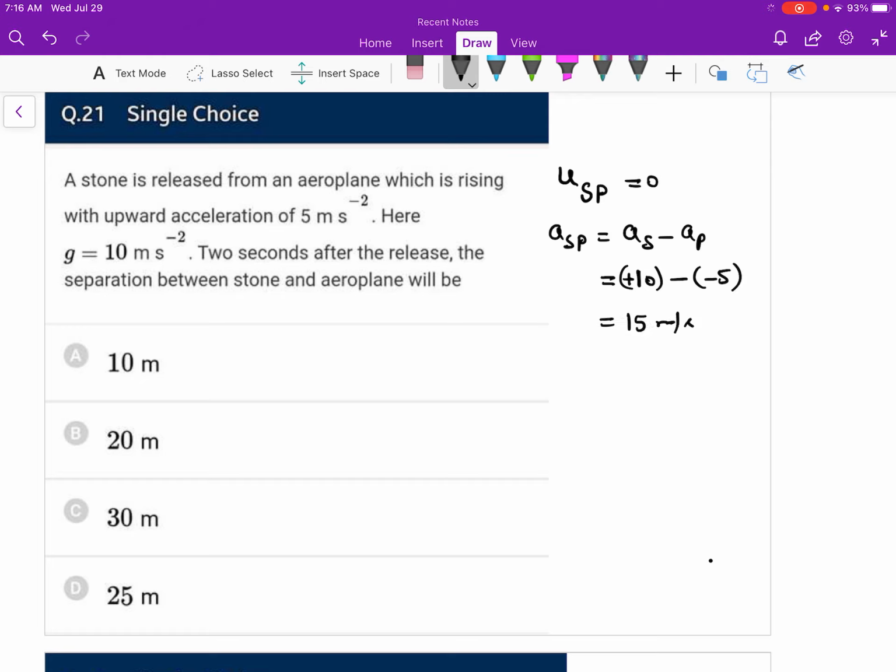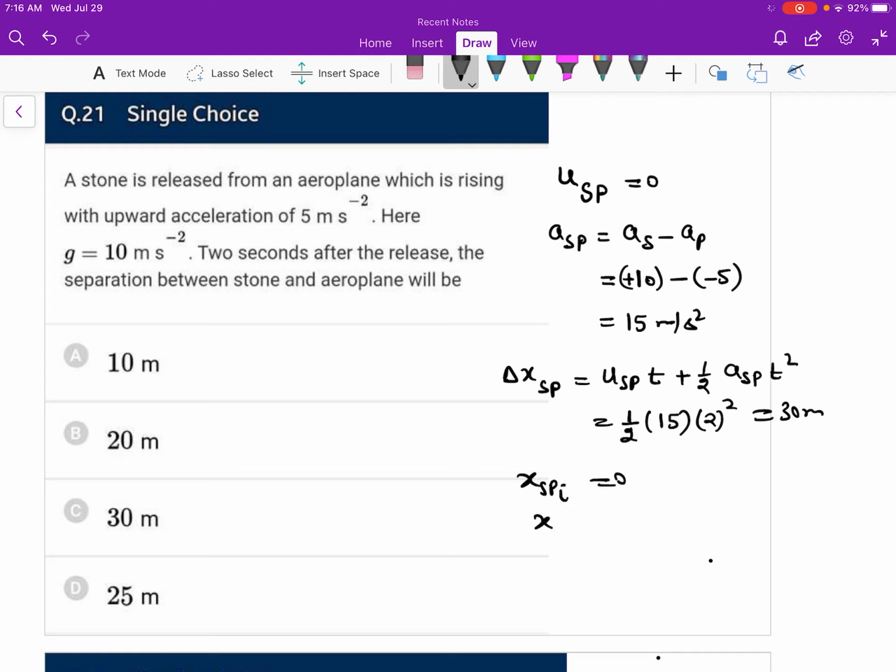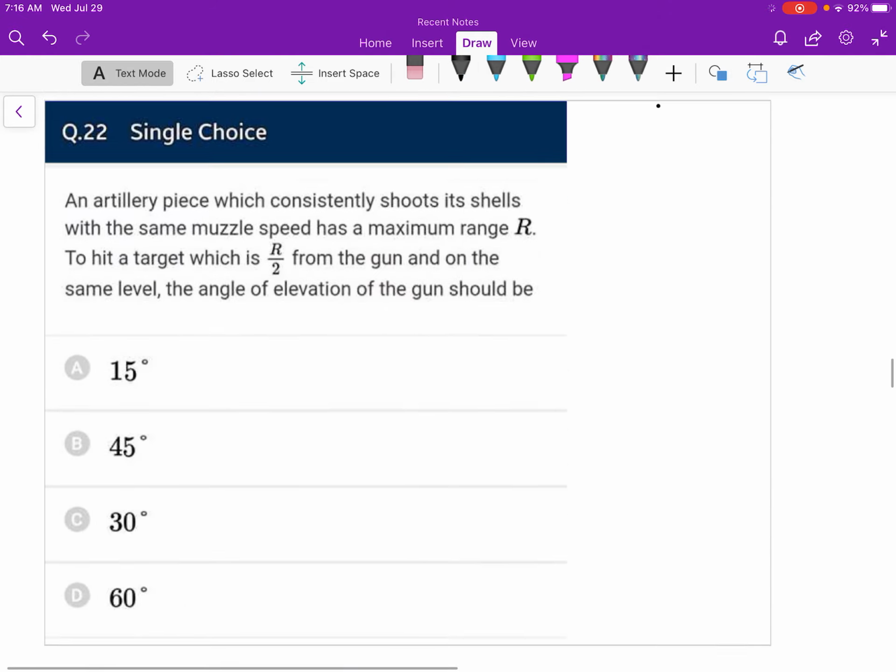So 15 meter per second square. Now separation between them: delta x of stone relative to plane is u of stone relative to plane times t plus half a of stone relative to plane t square. So that is half into 15 into 2 square, that is 30 meters. Now x_SP initial is 0, so x_SP final is 30 meters. So 30 meters is the answer.